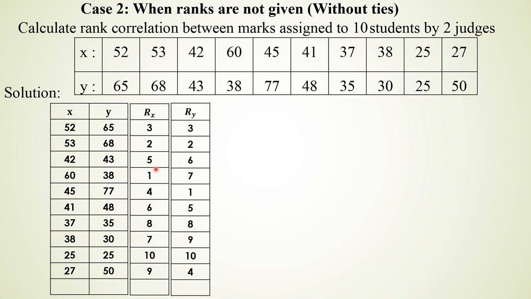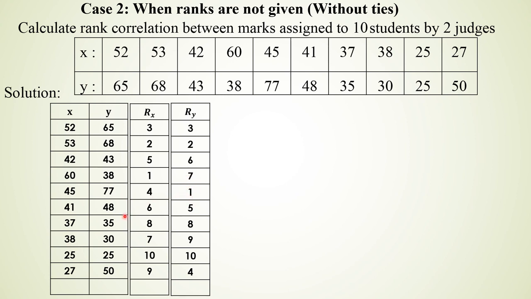Now let us compute the rank assigned by the second judge for the 10 students. Observe the highest marks over here. The highest marks is 77. So that becomes the first rank.